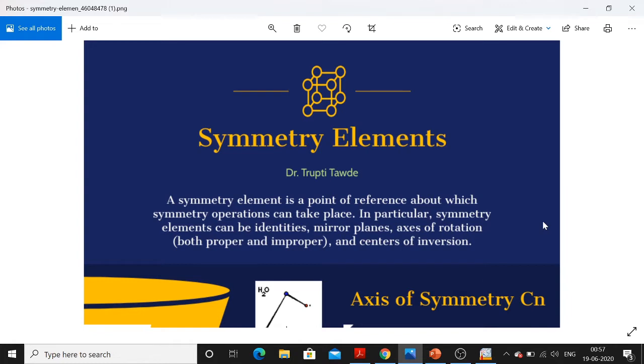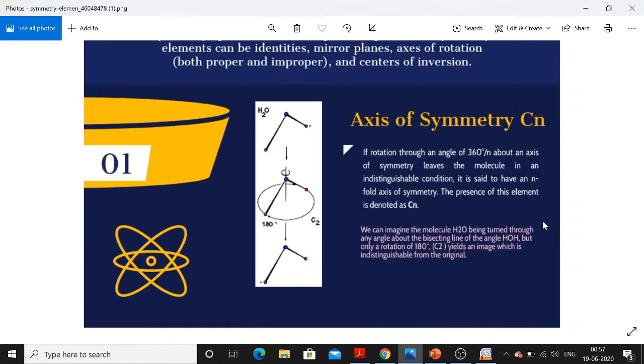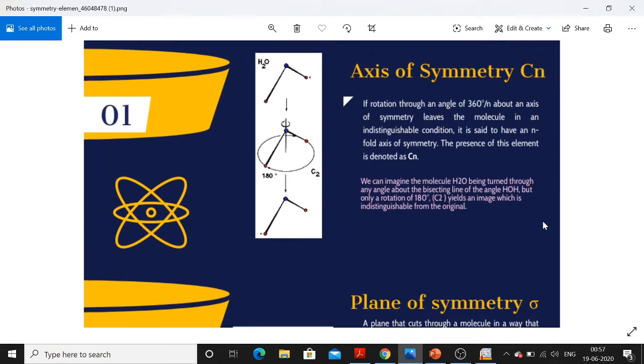So these are the different symmetry operations we perform on the molecule in order to understand whether the molecule is symmetric or not. You have studied all these symmetry operations in your previous part 1, but let me revise all these symmetry operations one more time.